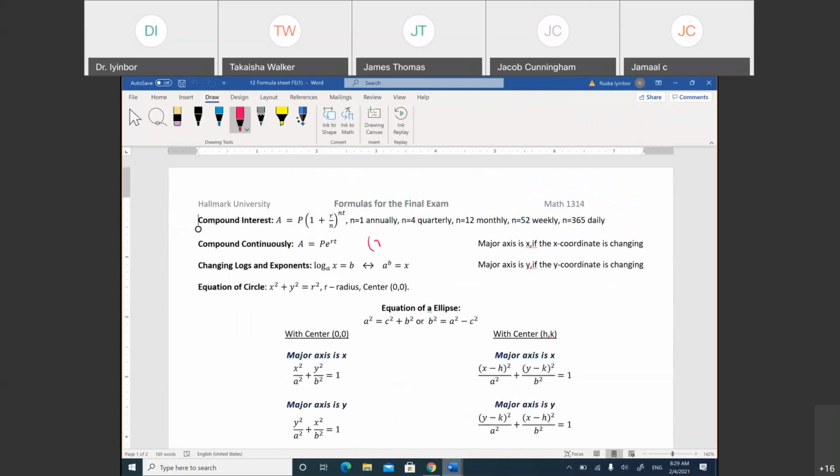So when N is infinity, pretty much everything inside the parentheses approaches or looks like E. And E is called Euler's number. E is a number like pi. And E is about 2.7. That's how you round it. You know pi is 3.14, right?